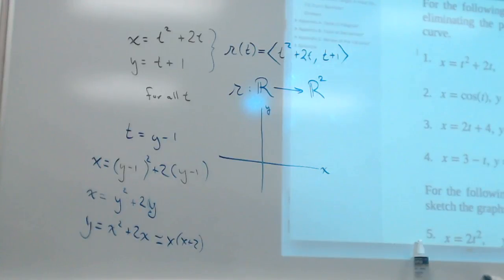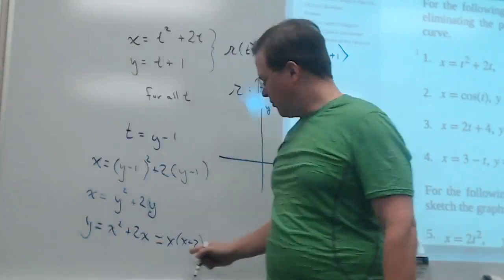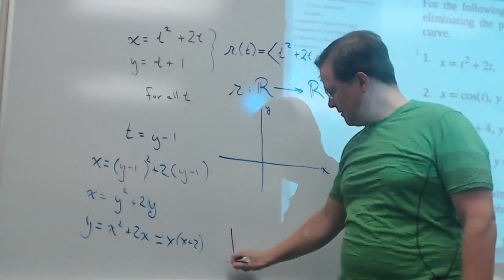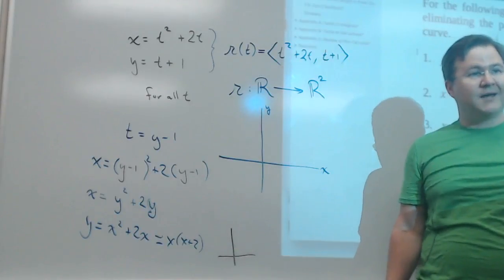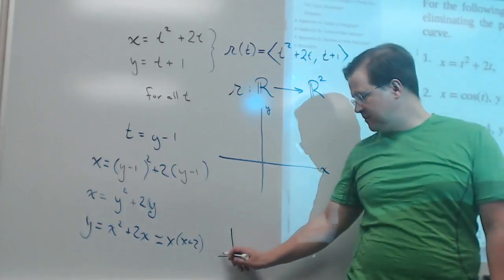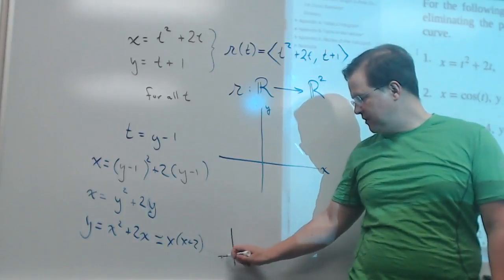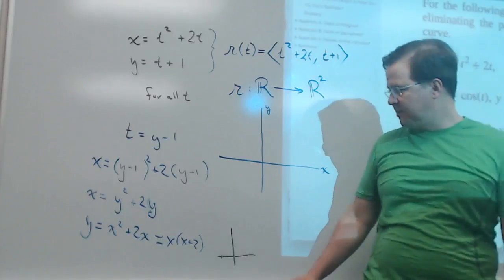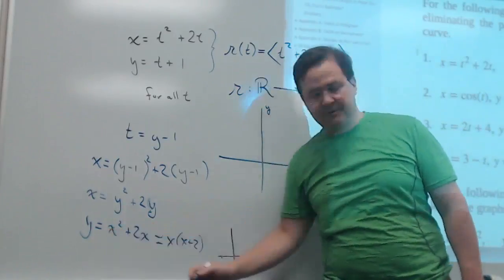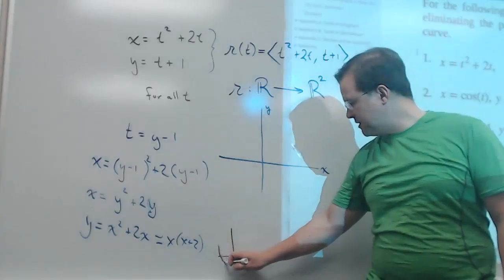So my logic is this. The graph of this guy is a parabola with x-intercepts at 0 and negative 2. So here's negative 2. Here's 0. Is it opening up or opening down? Up, because the first coefficient is positive. So the graph looks like this.